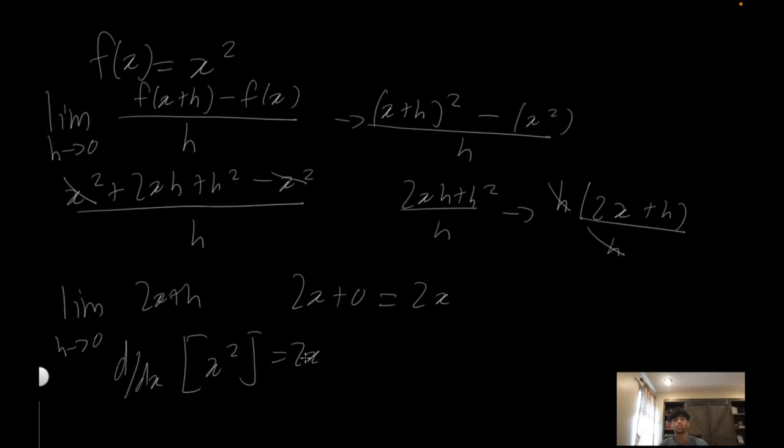Now, what if the question asked you, what's the rate of change of the function x squared at x is equal to 3? Well, you already have the general form for the derivative of x squared, which is 2x. So what you can do is just substitute it in. So 2 times 3 is 6. And that's pretty much it.